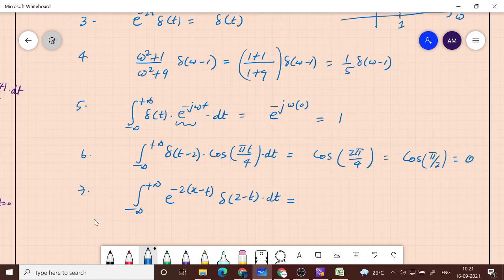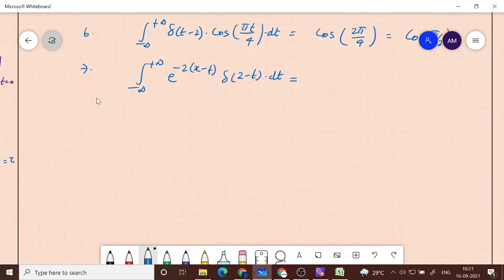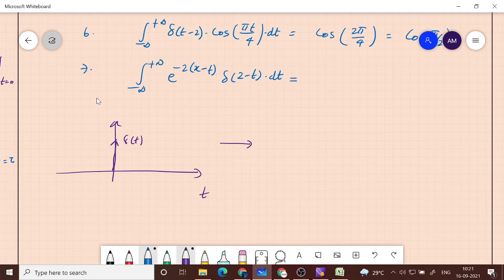You need to first of all try to plot this. You can plot it by the principles that we learned earlier. If this is t, your delta of t is this. Then from here, t goes to t plus 2.